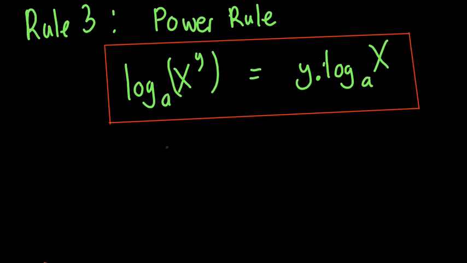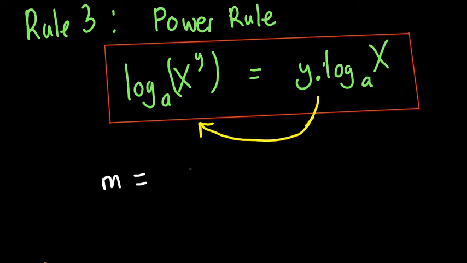So the power rule, as we have seen earlier, we are moving from the right side of the equation to the left side of the equation. We are just going to prove that this side is the same as this side. First of all, we can choose any letter. I prefer m.